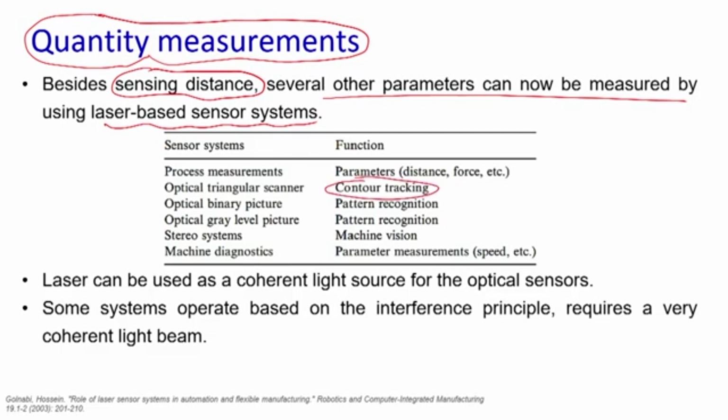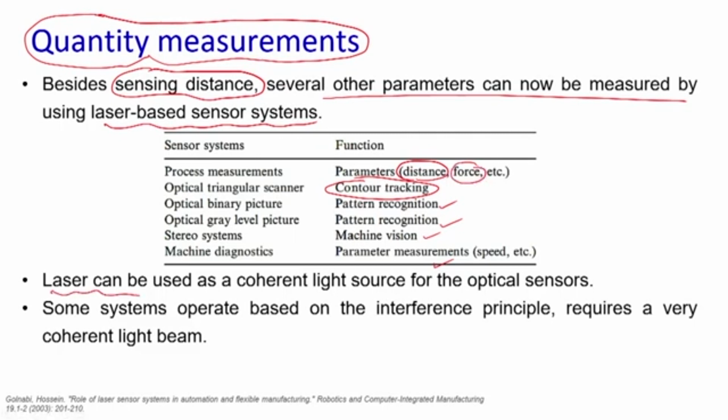We can even track the contour and movement of a product moving over the conveyor, then recognition of patterns, then vision; all these are applications. Here the parameter may be distance, or lasers can also be used to sense force.